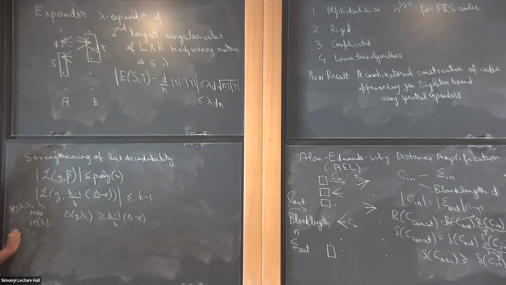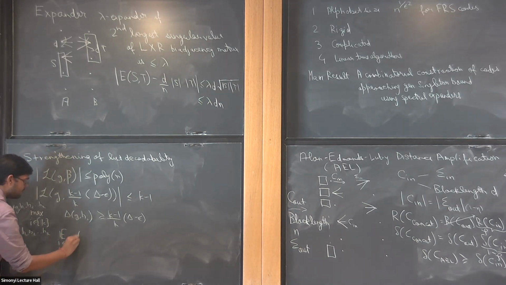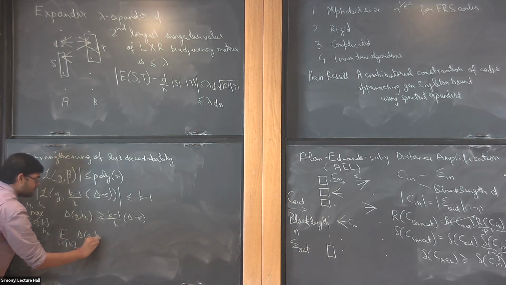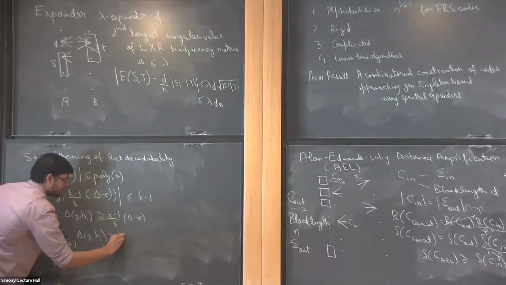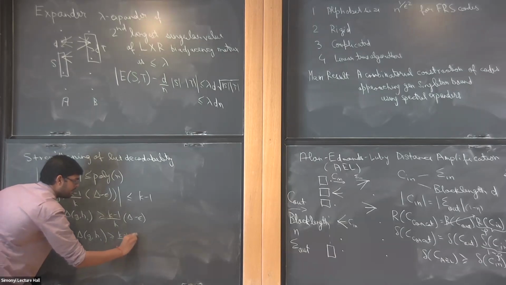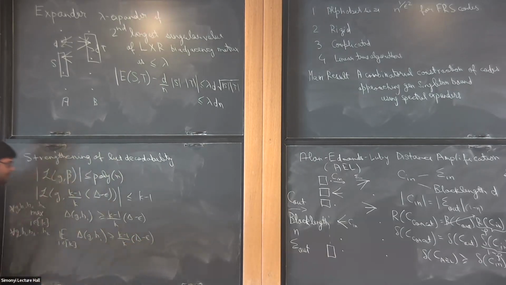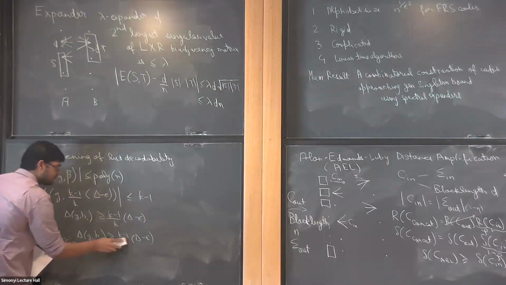So the next strengthening that we have is again for all g, h1, h2, hk. Instead of max, we use the average. Or I can change this into sum by removing normalization.